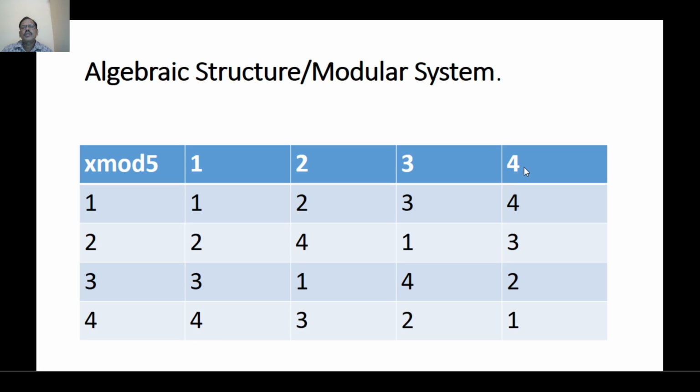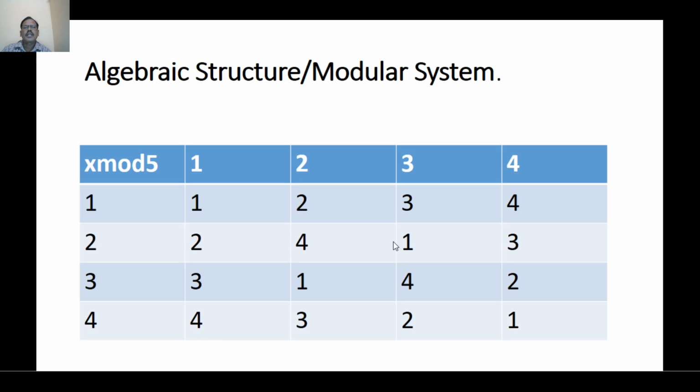Therefore the inverse of 4 is 4. Here 3 into 2 is 6, so we get the identity element. The inverse of 3 is 2, the inverse of 2 is 3. And hence it satisfies all the properties of the group. Therefore it is an abelian group under multiplication modulo 5.